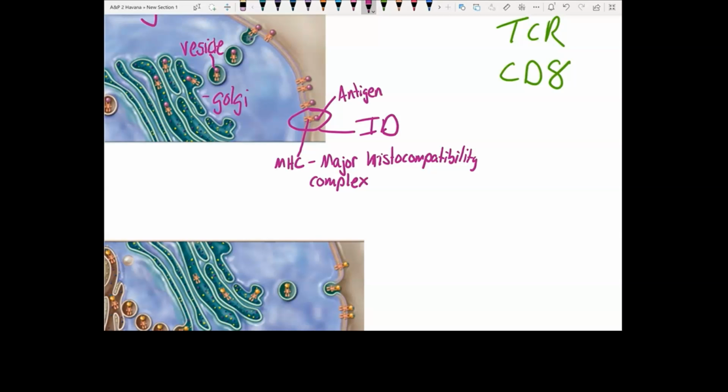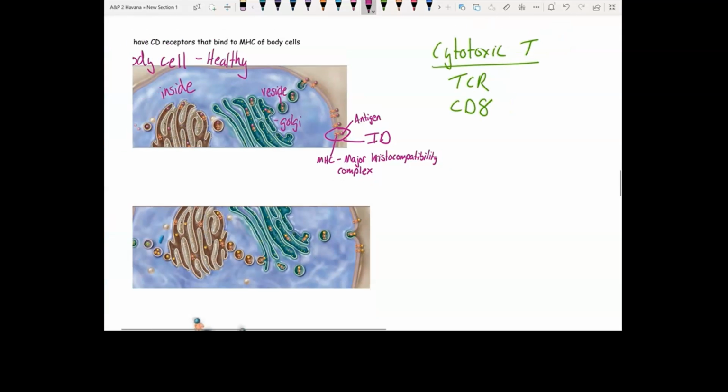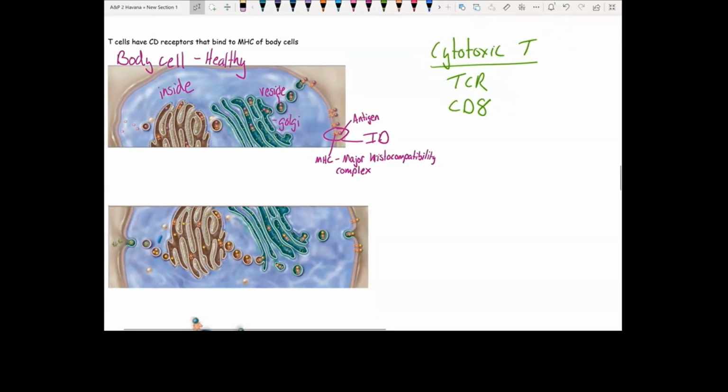So just like pathogens have antigen, just like your red blood cells have antigen, all of your cells have antigen on them. That's how you identify your cells. In a healthy cell, it is self-antigen. So you have your own unique antigen. It's encoded in your DNA. It's unique to you. And that's on the surface of your cells.